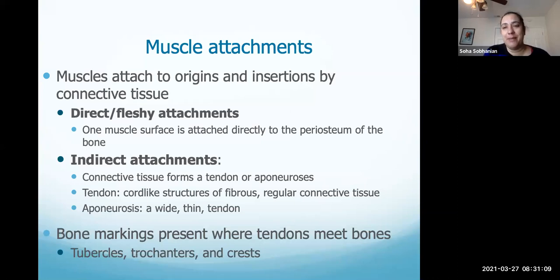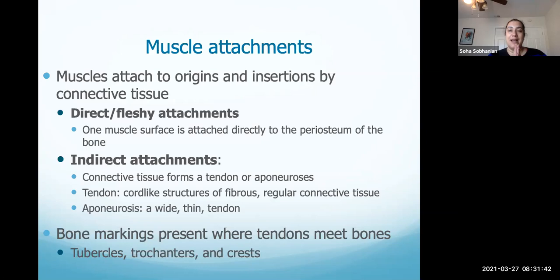What does the word peri mean? Around, correct. So it's around the bone. Osteum basically means bone. So this is the connective tissue that's wrapped around your bone. So when it's a direct or fleshy attachment, you're directly connecting your muscle into the connective tissue that's wrapped around the bone. So it's a direct relationship between your bone and your muscle.